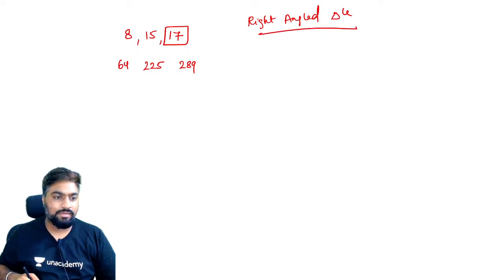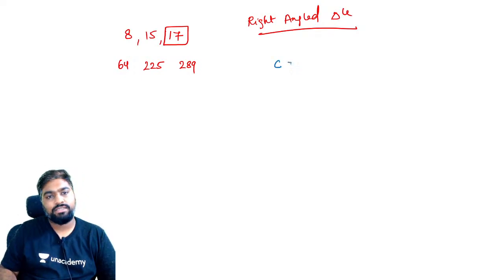So they're asking the circumradius. Simple. Circumradius of a right angle triangle is what? Hypotenuse by 2. Hypotenuse is 17, half of 17 is 8.5.